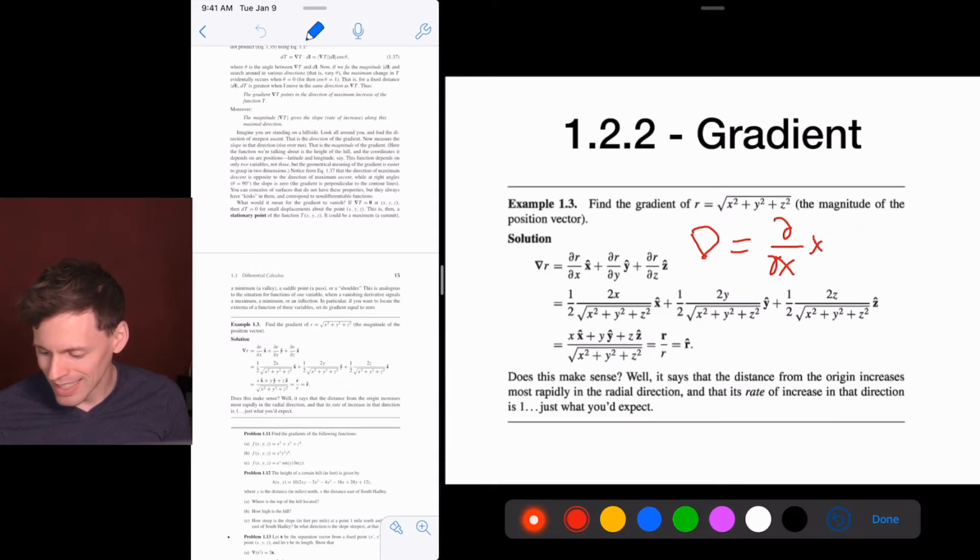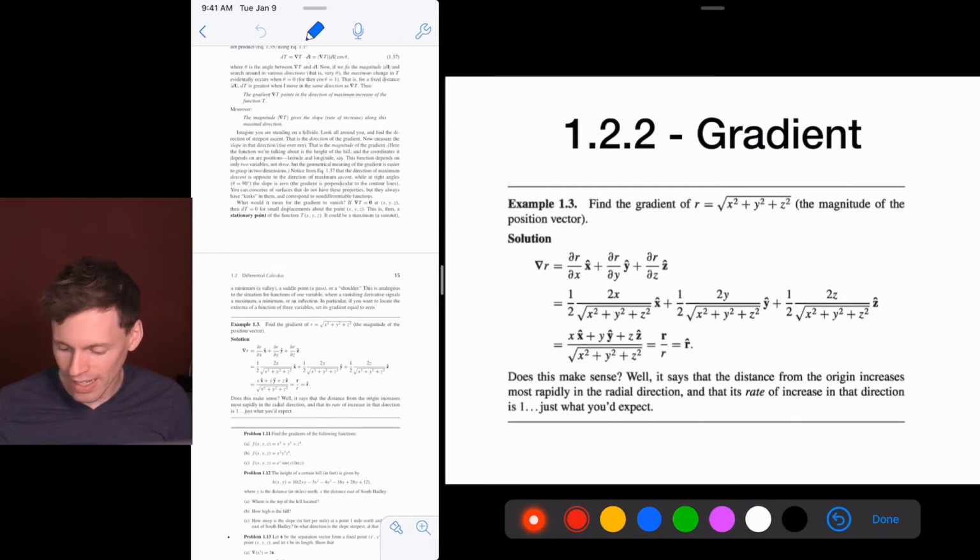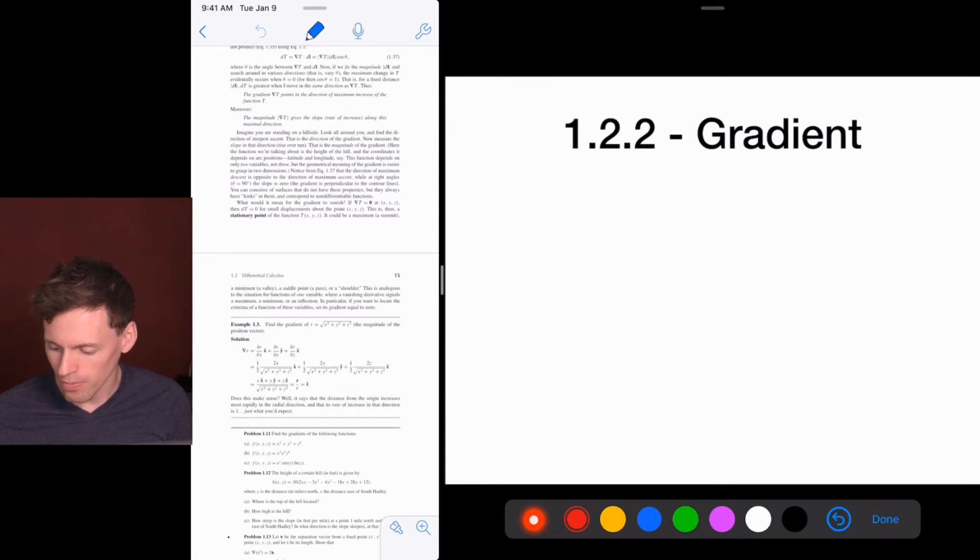So we're going to take this d/dx x hat acting on our r value. And so this is going to be the derivative of that.